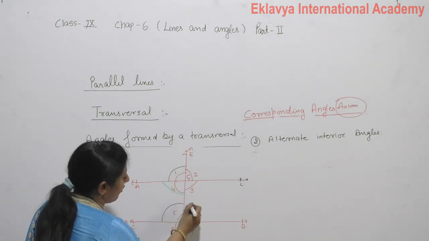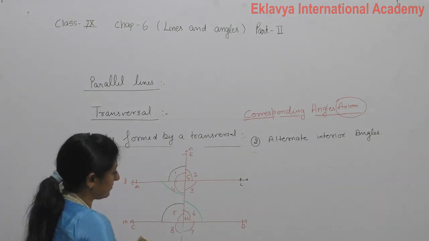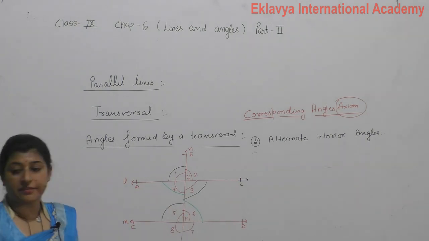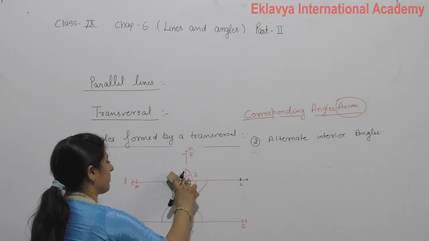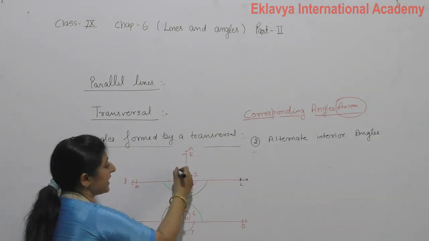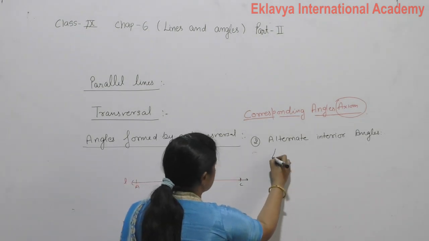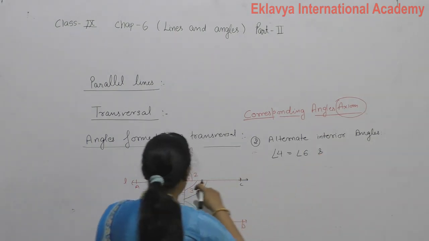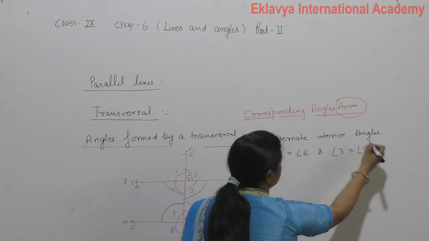Angles 4 and 6, and 3 and 5. These are the alternate interior angles. Two pairs: we can say angle 4 is equal to angle 6 and angle 3 is equal to angle 5.